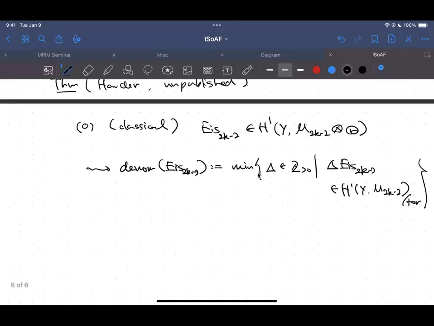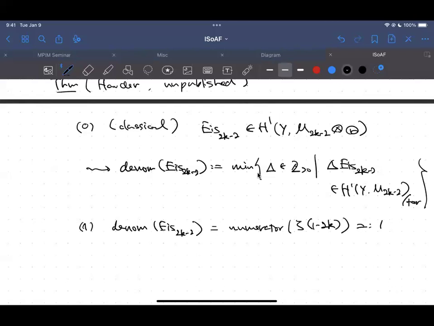And it is known that this has many applications to number theory. And Hohto found the following very precise formula for this denominator, which says that the denominator of Eisenstein class is exactly the numerator of the Riemann-Zeta value at 1 minus 2k, which is denoted by n2k in this talk.